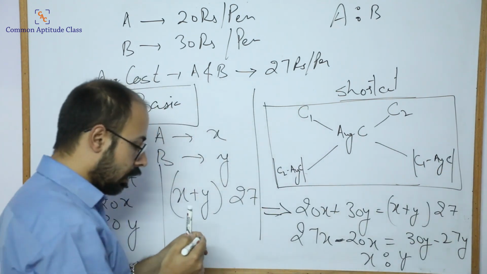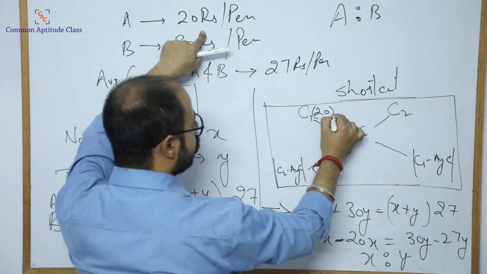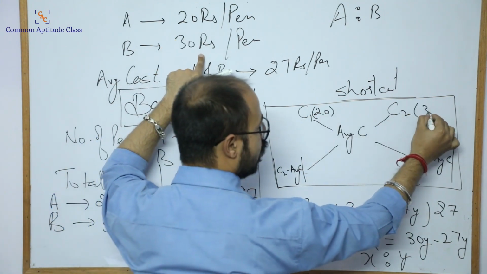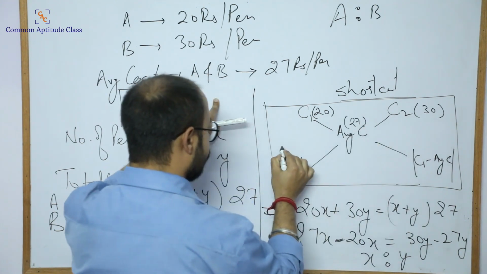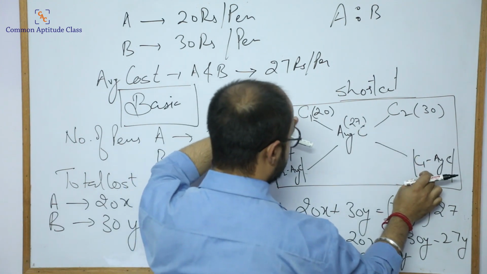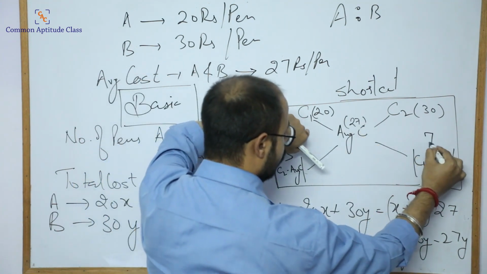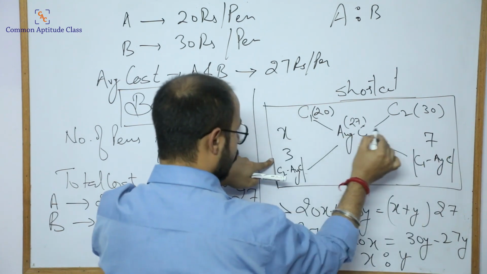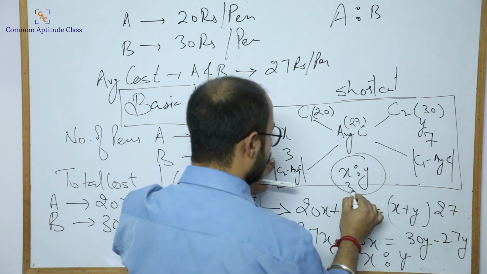These are derived from the basic. Cost 1 is 20, cost 2 is 30, the average is 27. Take the difference: 30 minus 27 is 3, and 27 minus 20 is 7. So X ratio Y is 3:7.